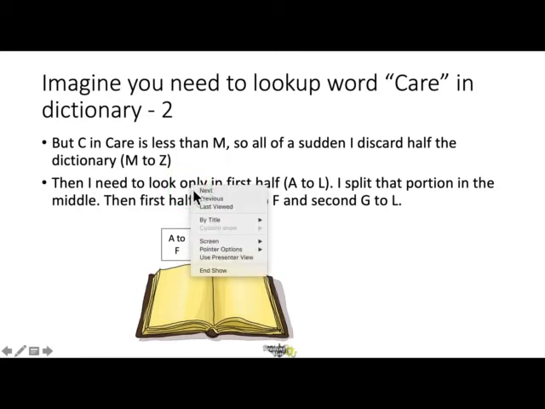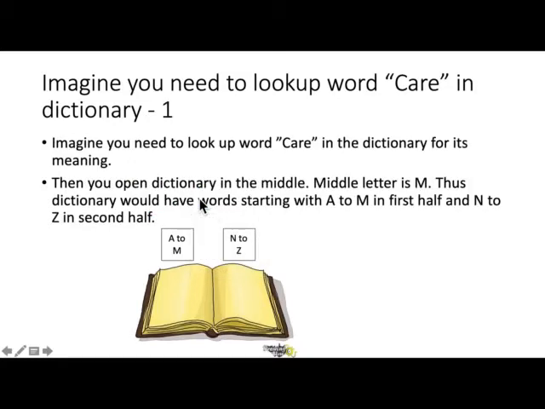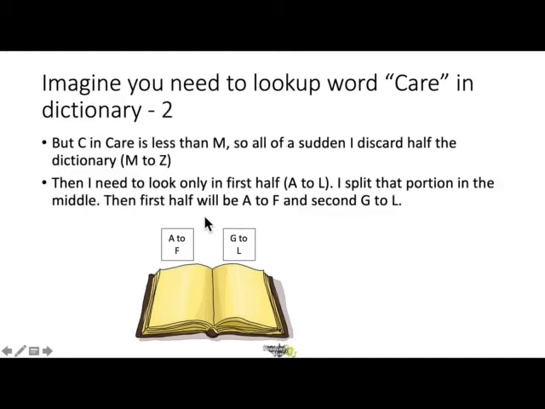So I have to look in this half, but obviously C is not M either, so I can discard M also. So that means in this half I need to look only between A to L. If I split A to L in the middle, one portion will be A to F, other portion will be G to L.